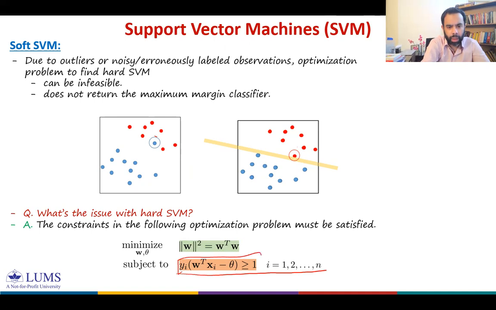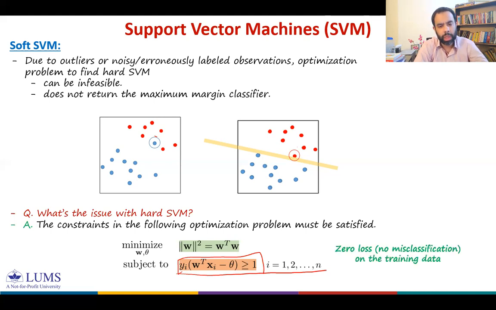So we require every training data point to be classified correctly by the separating hyperplane, or we require no misclassification. We require zero loss on the training data.